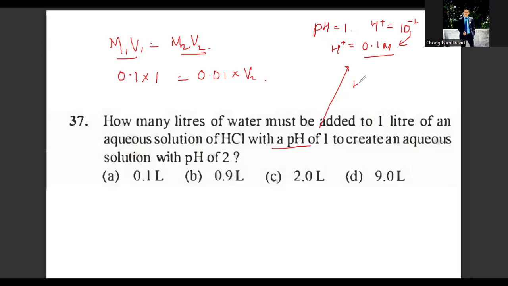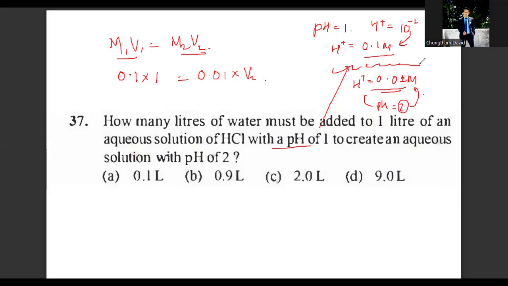In the same way, if the pH is 2, the hydrogen ion concentration would be 0.01. This is according to the definition, that the negative logarithm of hydrogen ion concentration is called pH, right?